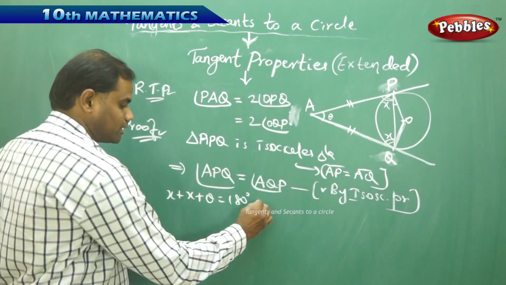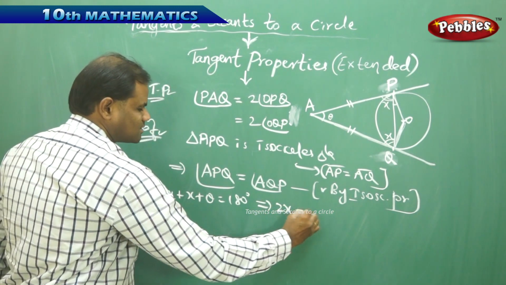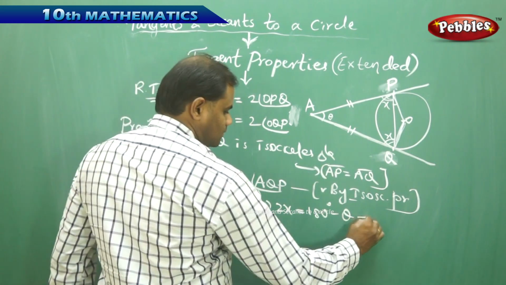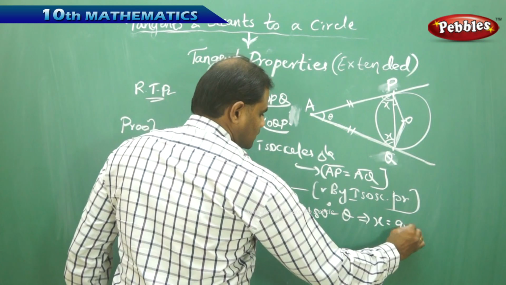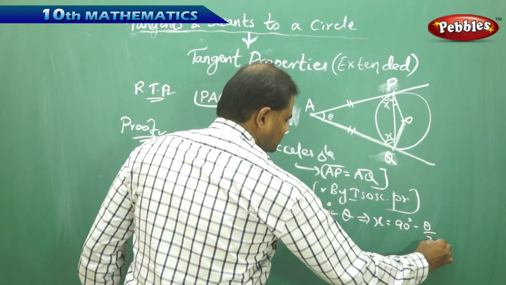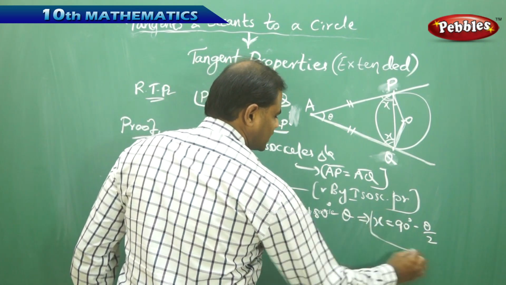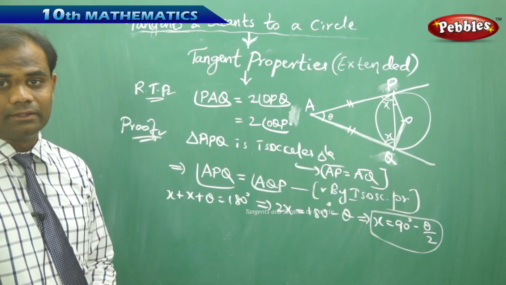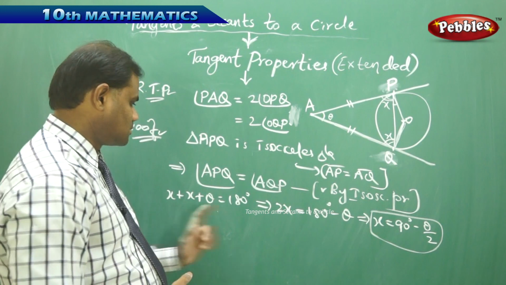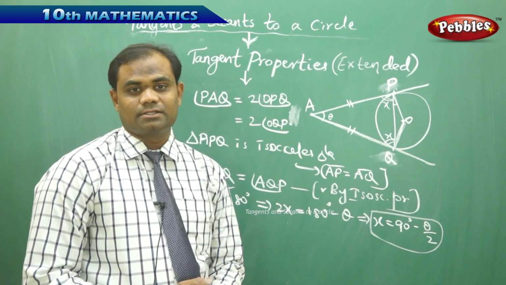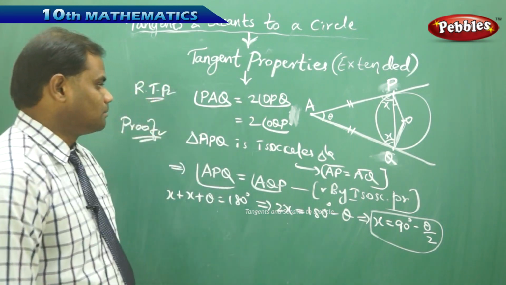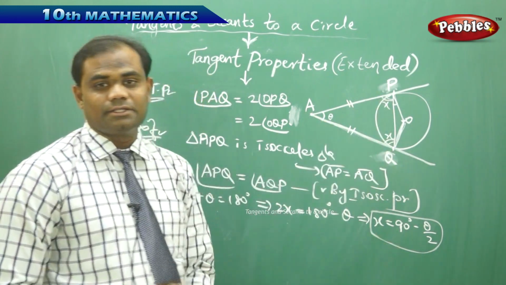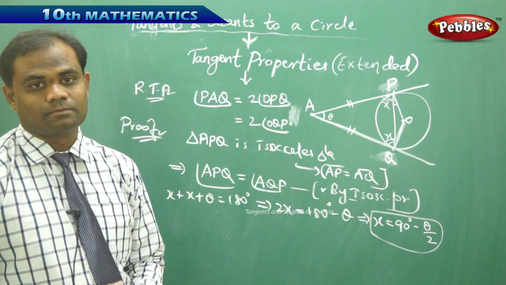So 2x is 180 minus theta, or I get x equals 90 minus half theta, from the sum of three angles of a triangle. But we know that x is angle APQ or AQP, which is 90 minus theta by 2.